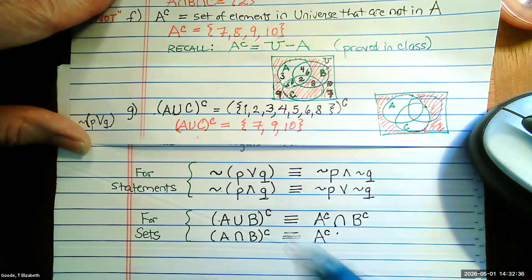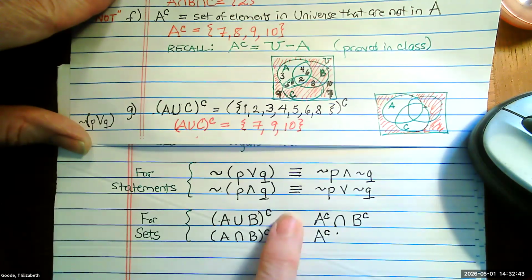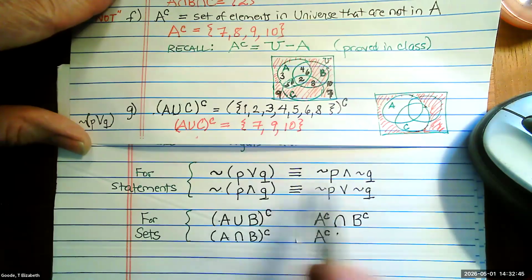And then it's going to be equivalent to A complement intersect B complement. This is intersect. It flips the intersect to the other operator, the same way it flips or to and, and and to or. It flips union to intersect.